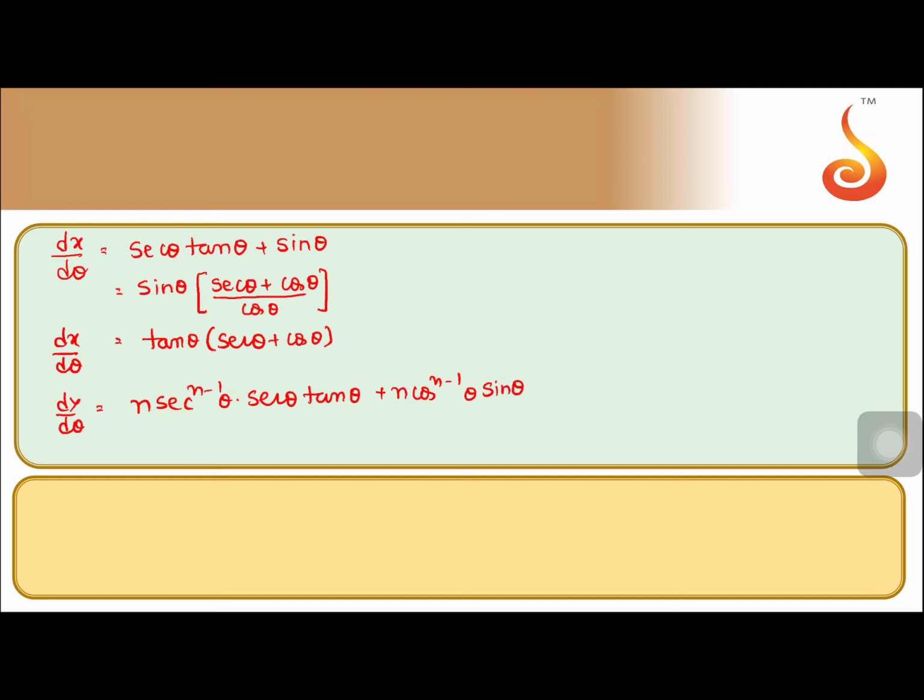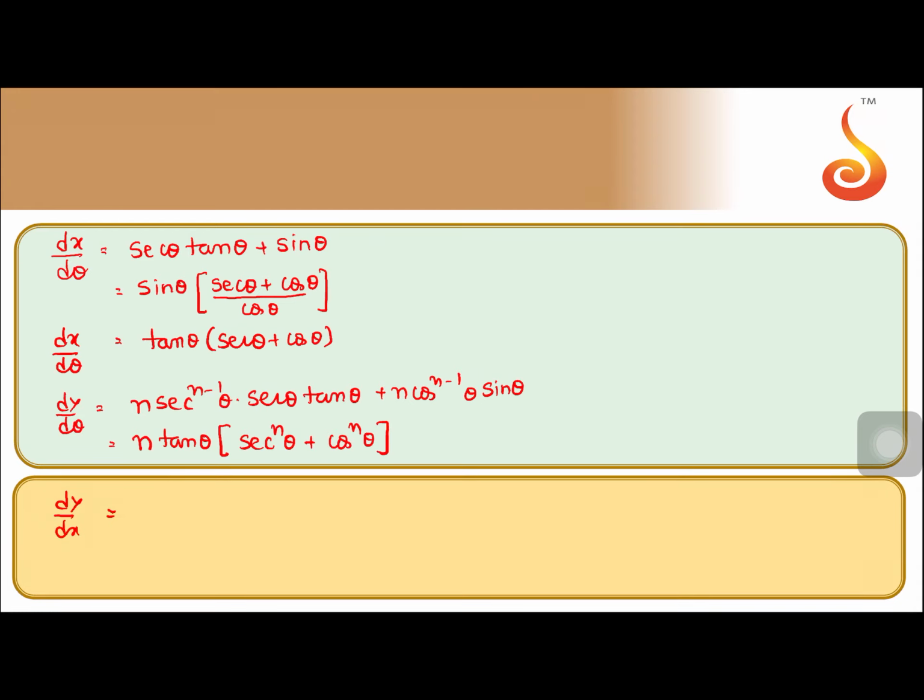Why did it become plus? Because the derivative of cos theta is minus sin theta. So in this also, take n common, tan theta common. What we get is secant to the power n theta plus cos to the power n theta. That is the beauty of this problem.